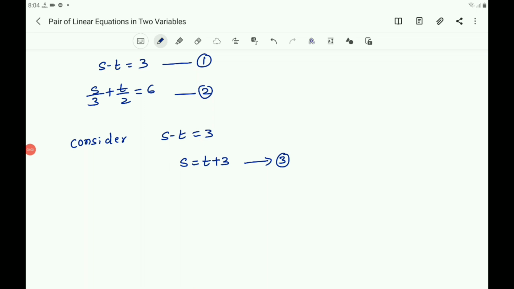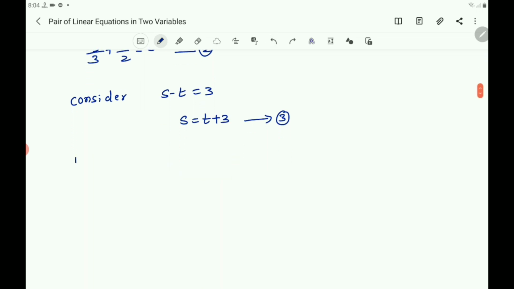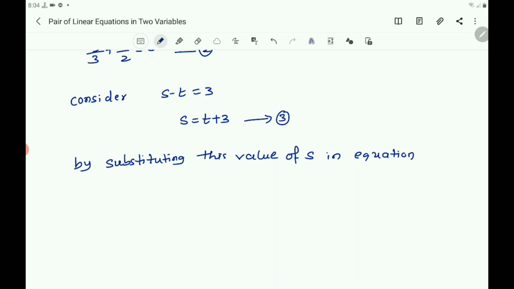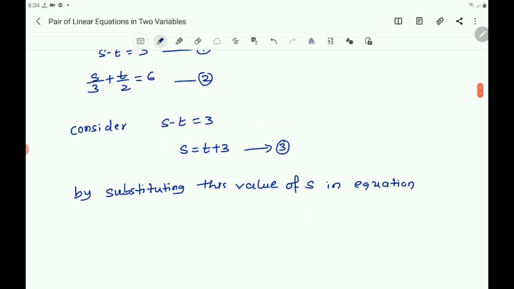Now you substitute the value of s in the second equation. Then you write, by substituting this value of s in the equation which is not taken for the first step, the second equation.